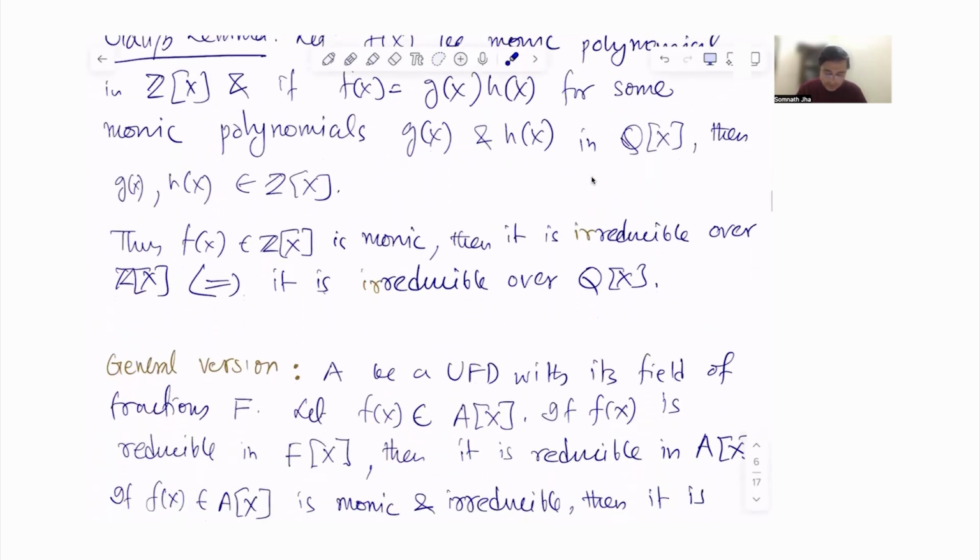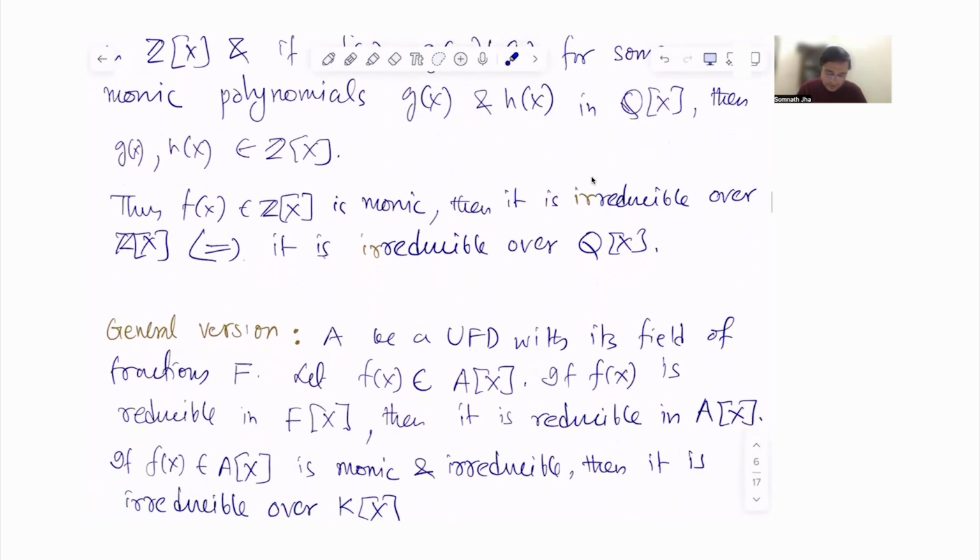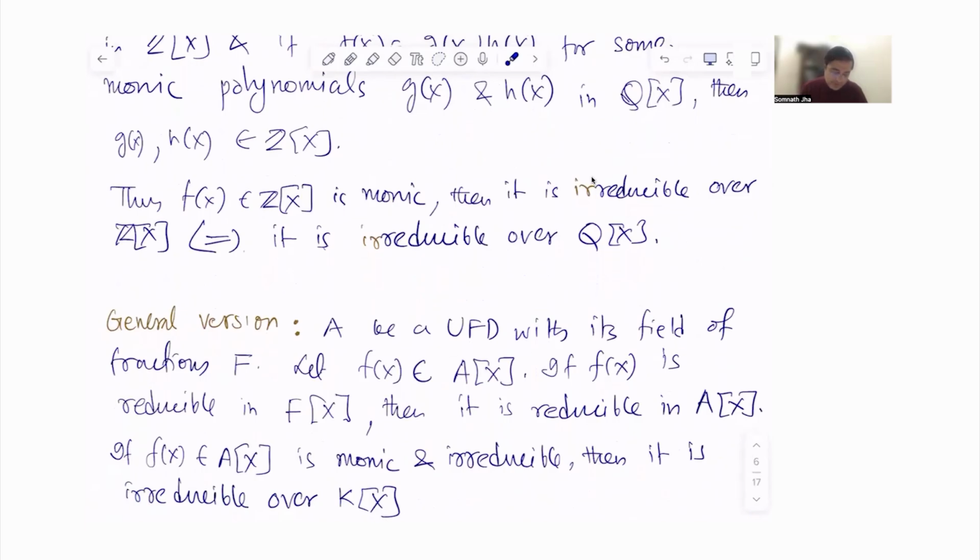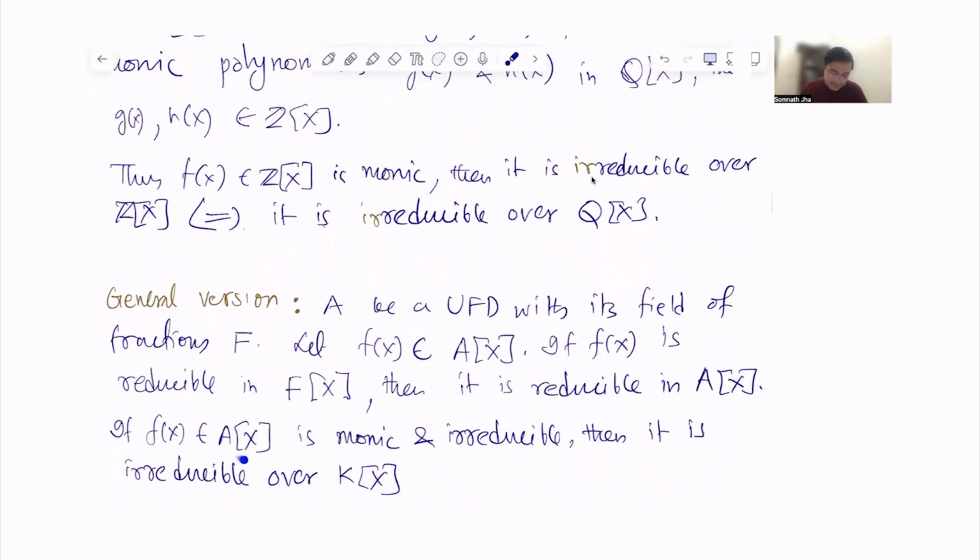There is a general version for a UFD also: if A is a UFD with field of fractions K, and f(x) is in A[x], and if f(x) is reducible over the quotient field K, then it is reducible in A[x]. And if f(x) in A[x] is monic and irreducible, then it is irreducible over K[x].